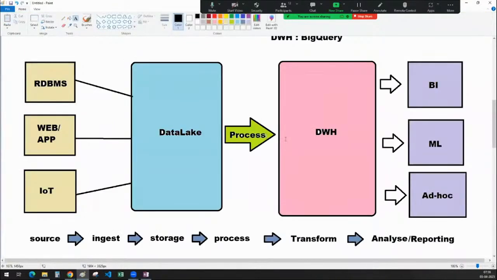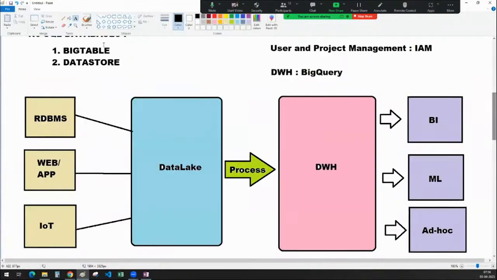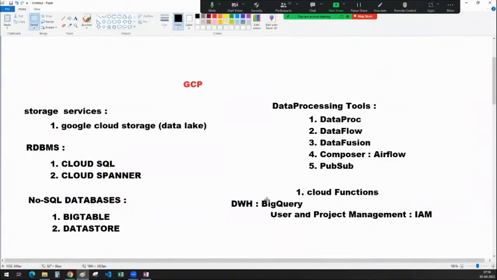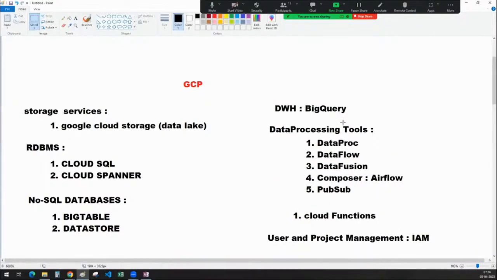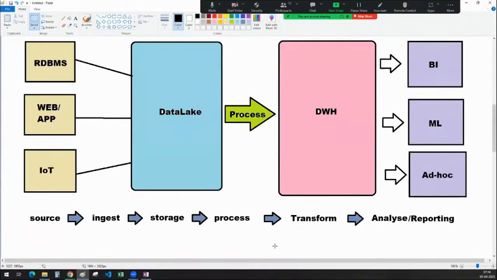BigQuery is a modern data warehouse. It is acting as the data warehouse in GCP. So this is one more important thing that I forgot to mention earlier. This is a very important tool comparatively. Okay, so this is all about the data warehouse.